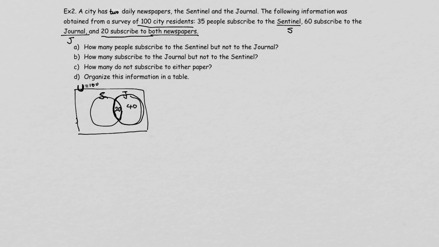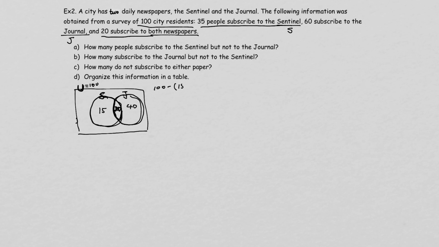Same thing. 35 people subscribe to the Sentinel. So this whole circle should be 35, and you used 20 already. So 35 minus 20, you will have 15. And then when you add them up and subtract from 100, that's not 100, that's 100.